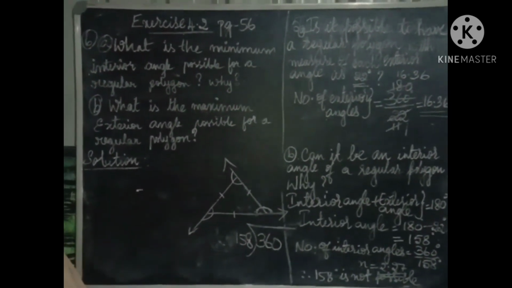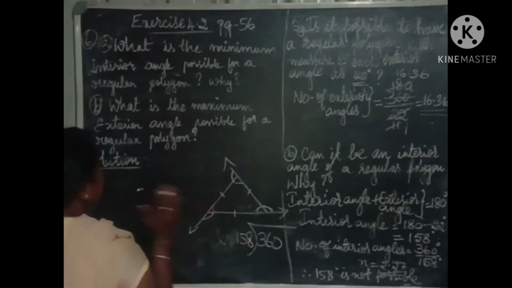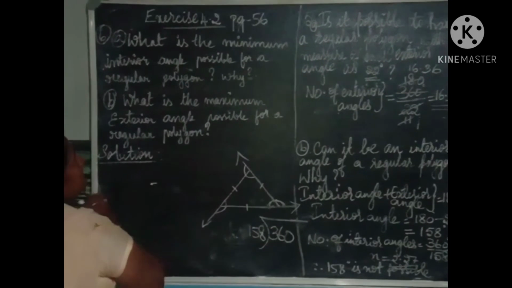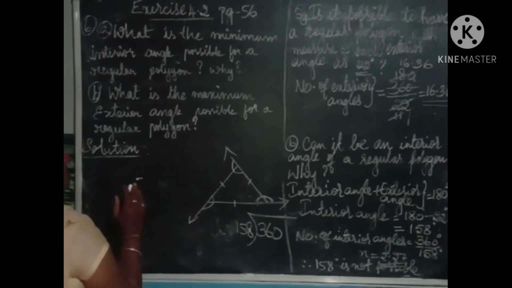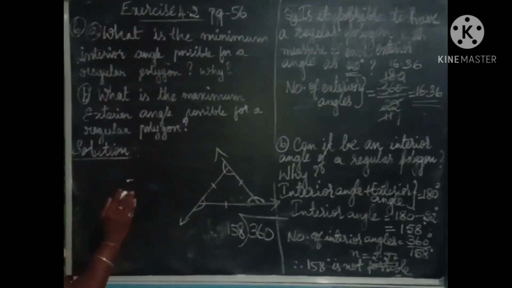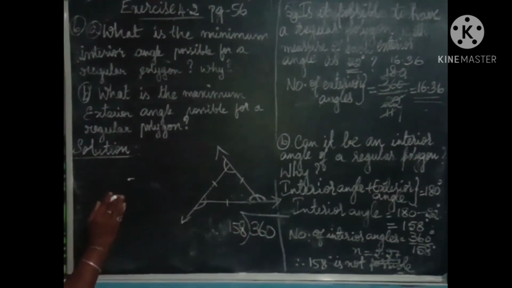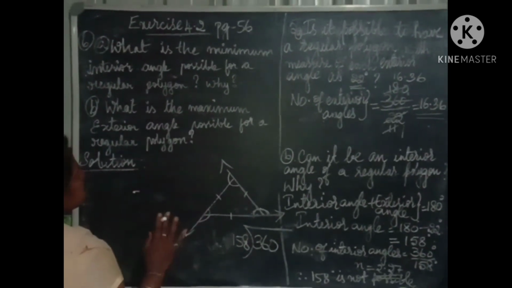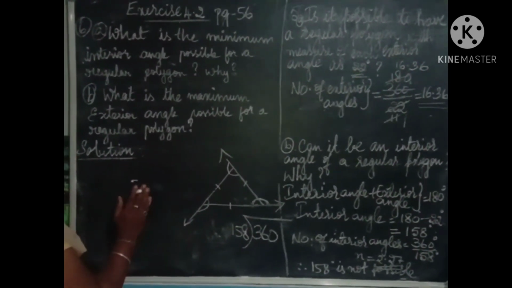Okay children, so this is the answer. The minimum interior angle possible is 60 degrees. How is it? I have given the solution in the classwork, so please refer to the classwork. I am not writing the complete answer here, so please see that answer.